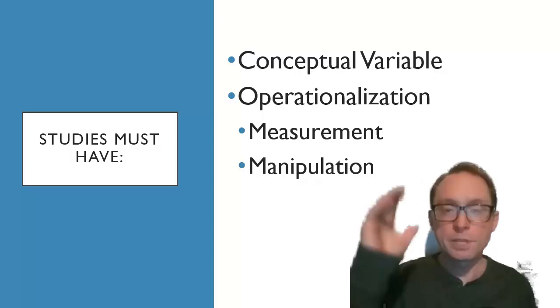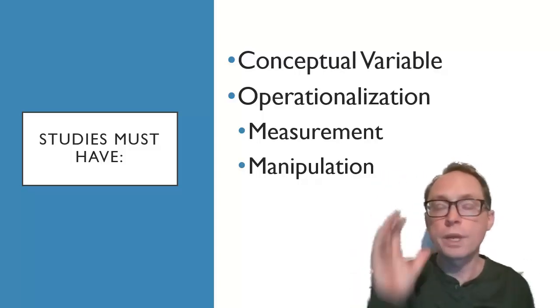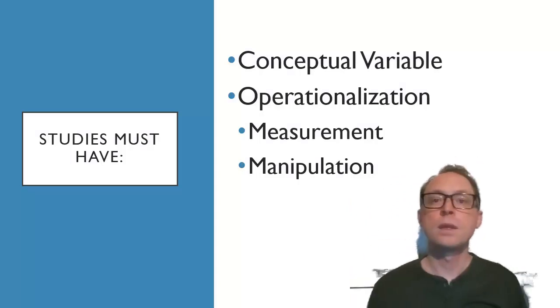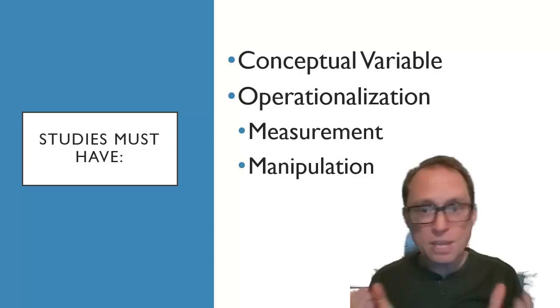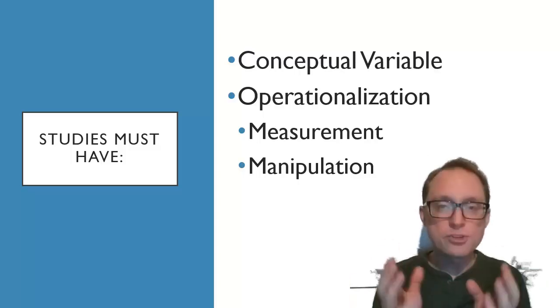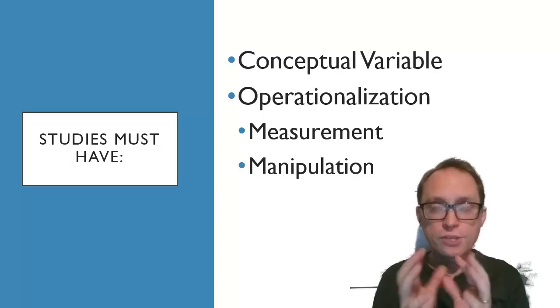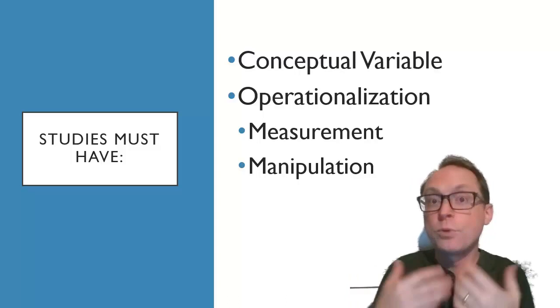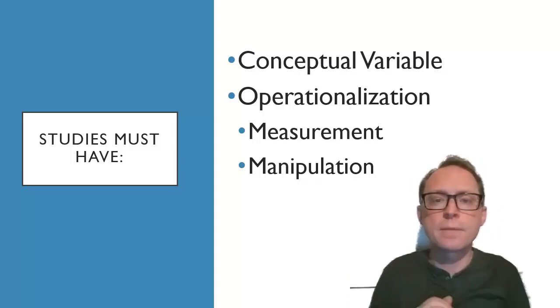So I have this concept, love. I want to get at it in real life. One way that I do that is to measure it. Now, there's different ways to measure something like love, but the measurement is the way of getting at it concretely, so I can actually get something tangible out of it, something like a number, something that's more empirical, if you remember what we're talking about.